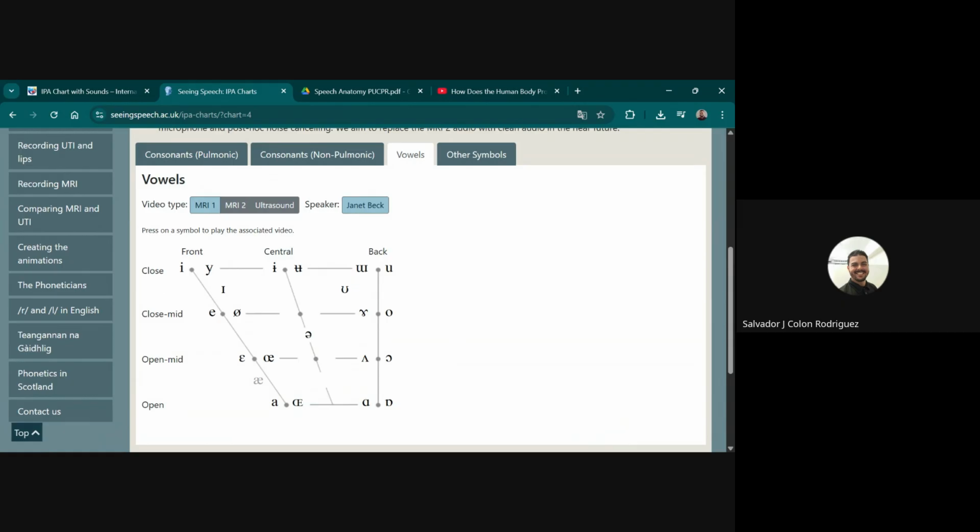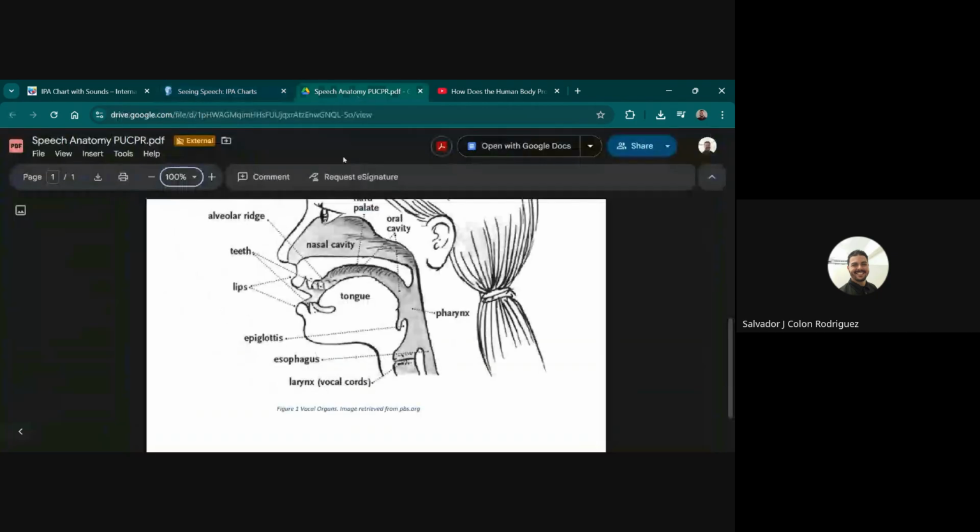You do not necessarily think where you are positioning your tongue, but you do it. It's like walking, as I've been telling you for the past lessons. This is something that is at a subconscious level. It's like when your heart is beating, you are not controlling it. It is at a subconscious level. Okay, so let's go back to the PDF here.